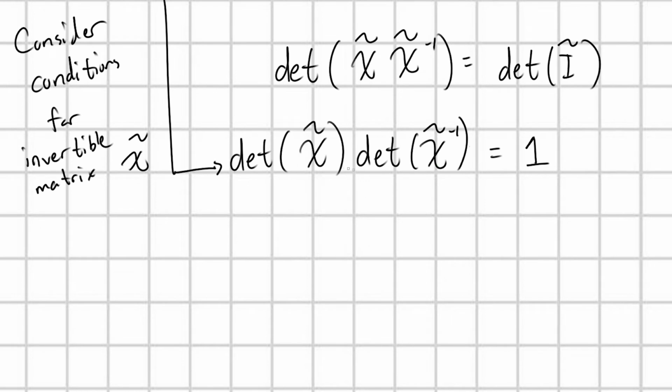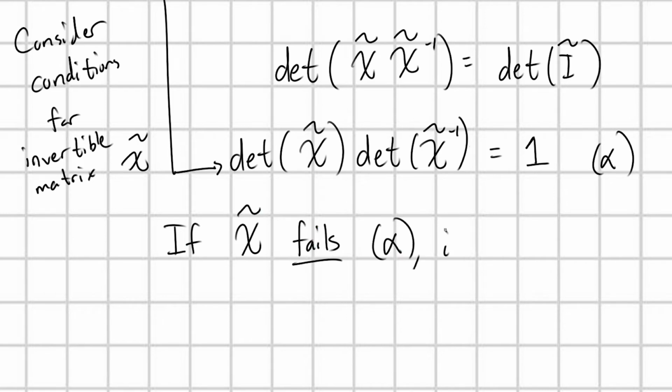So if chi fails this bottom condition here, it must not be an invertible matrix. Okay? So I'm going to call this condition alpha. If chi fails alpha, it cannot be invertible.